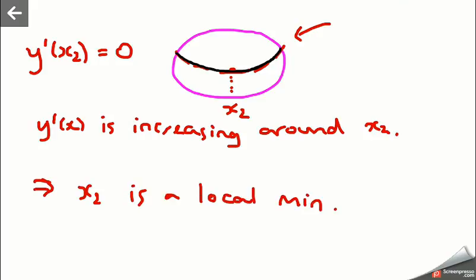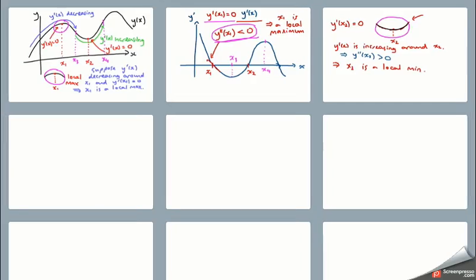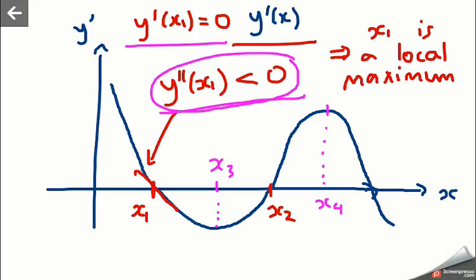Now, if y prime of x is increasing around x2, another way to write that is y prime prime of x2 is bigger than 0. That's another way to write that. And if we go to our graph, we can see that that's the case. So y prime prime of x2, if I draw the tangent line, the slope of this tangent line is the derivative of y prime of x.